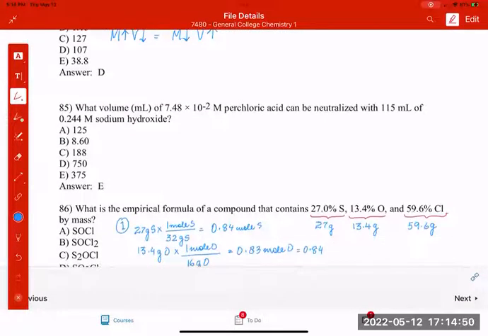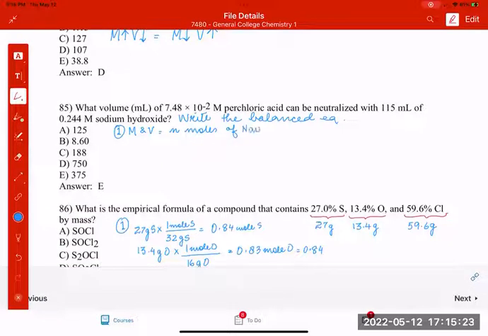This is a neutralization reaction. In this case, write the balanced equation. Okay. So here you are given the molarity and volume. So find the moles of sodium hydroxide.